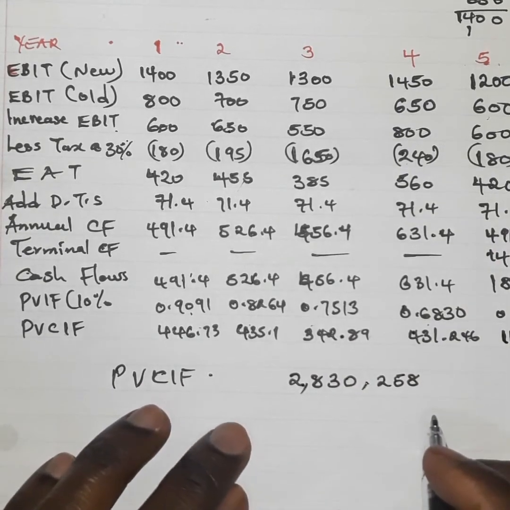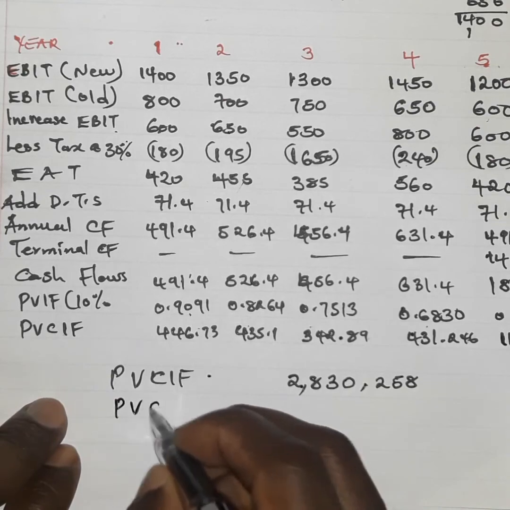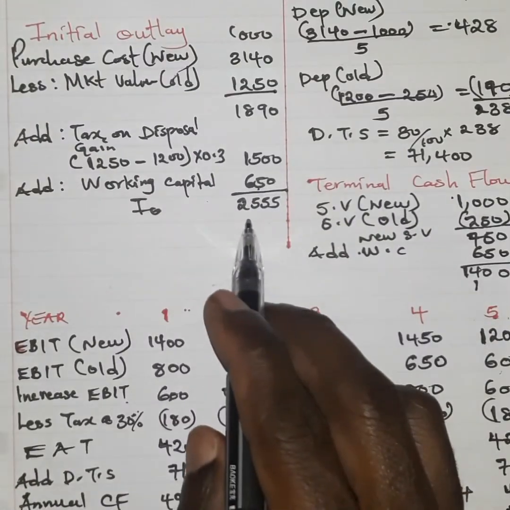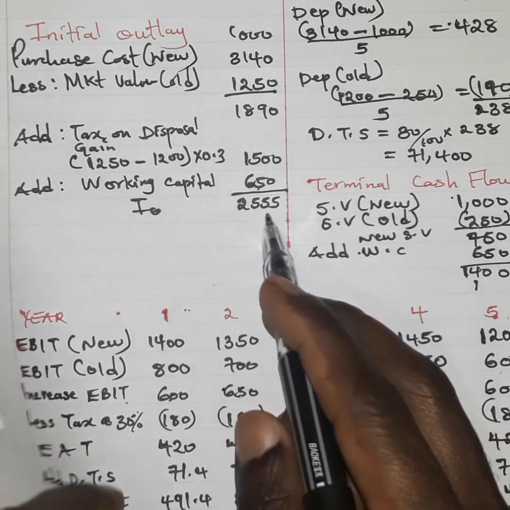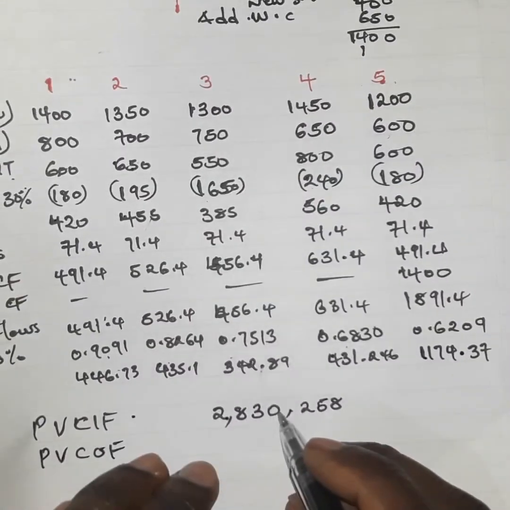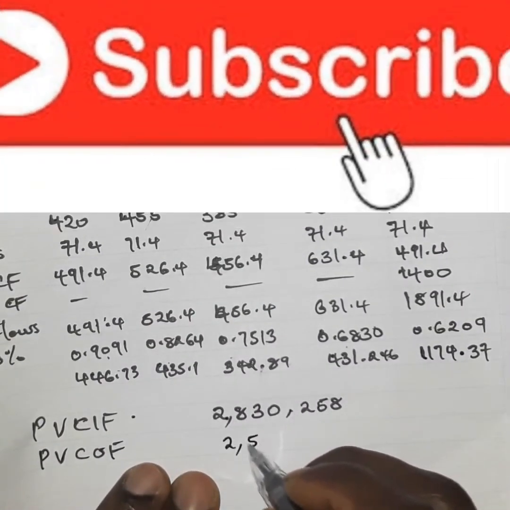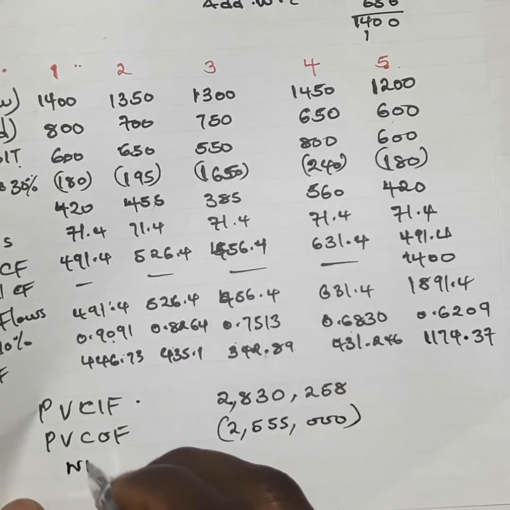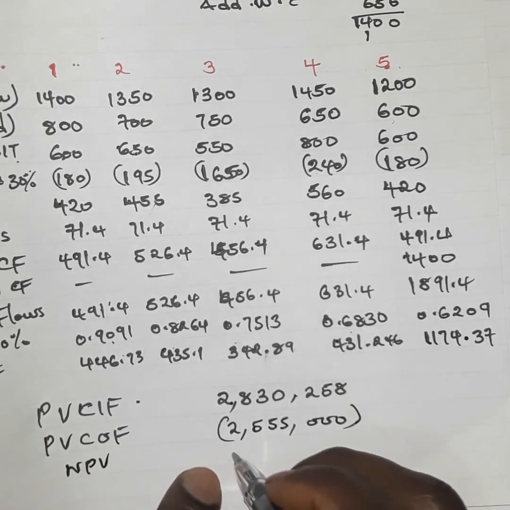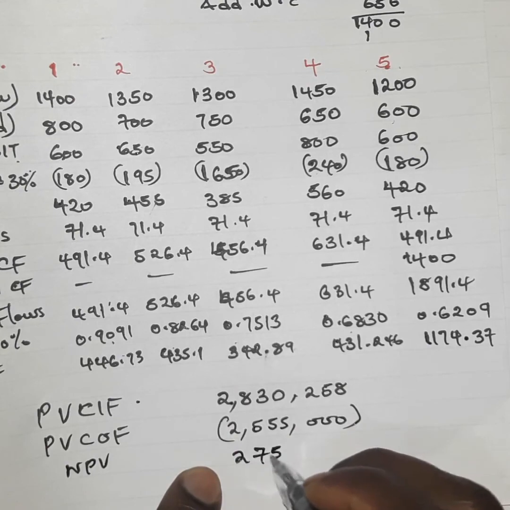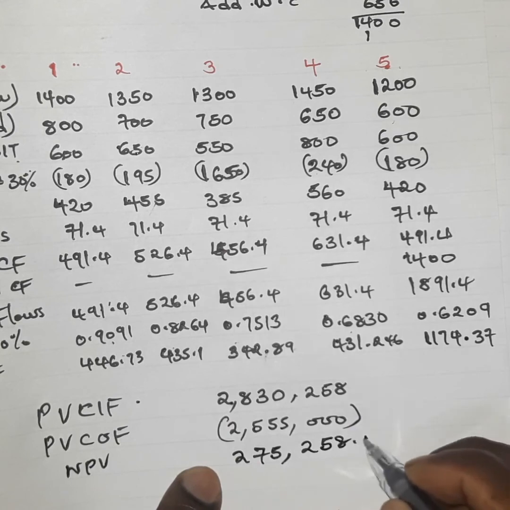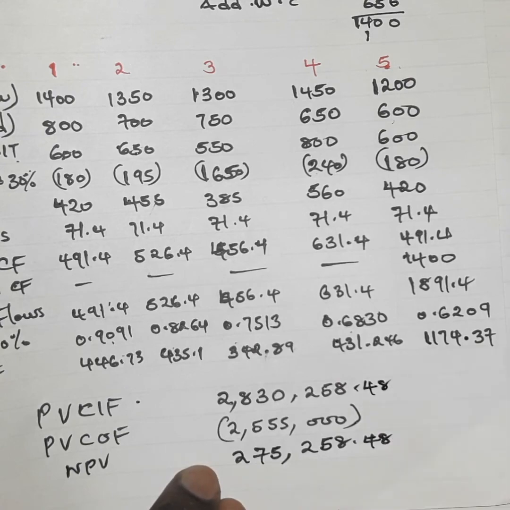But now then again we talk about our present value. We subtract our present value cash outflow, which is actually the initial outlay of 2,555,000. Whatever we are going to get is the net present value, and the amount is 275,258.48, because there was some decimal place here we omitted.